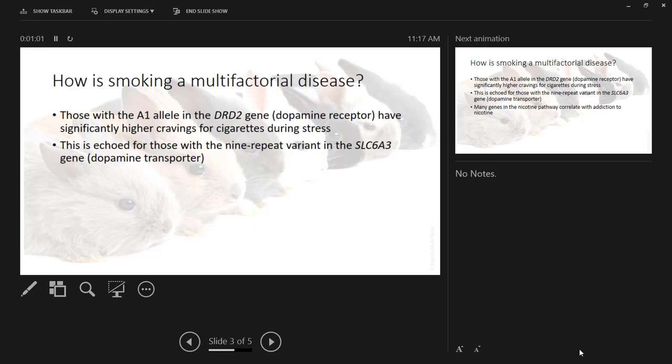Either way, if you've got an issue in your transporter, you cannot get dopamine out of the dopamine-making cell into the synapse for other cells to bind it. And if you've got an issue with your dopamine receptor, even if dopamine is there in the synapse, you cannot bind it efficiently. Either way, there's an association with the ability to properly make and respond to dopamine. All right?